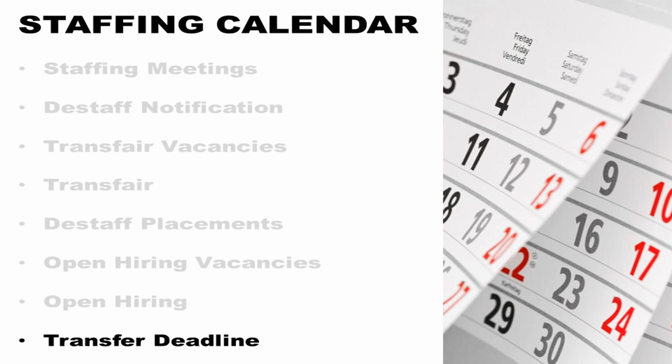The last thing I want to mention as far as our calendar is concerned is a transfer deadline. If you are a teacher on a continuing contract, there is a deadline by which you need to accept a transfer. I believe, but do not know for sure, that that deadline this year is going to be July 15th.